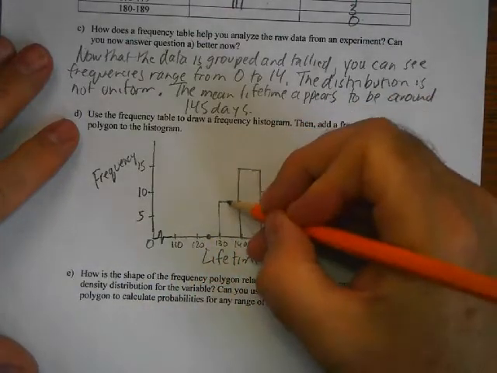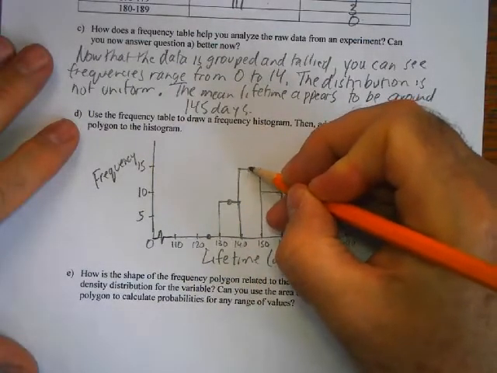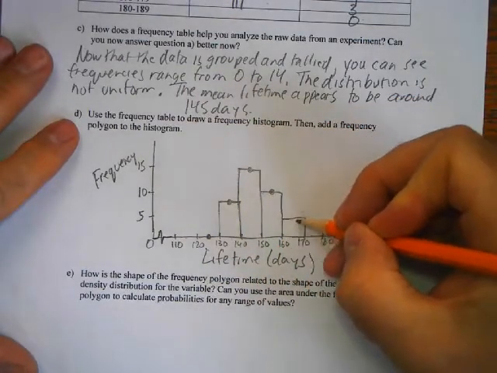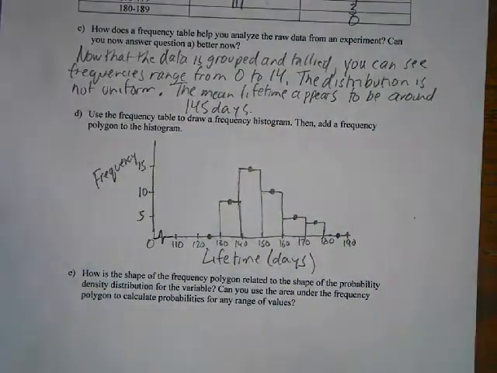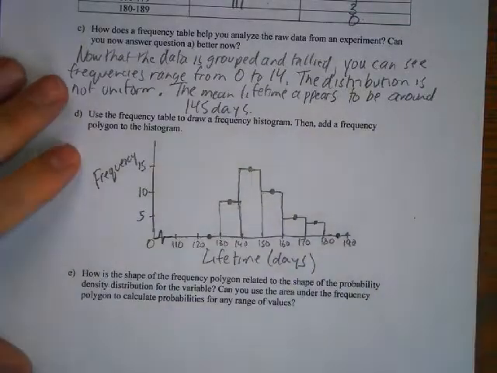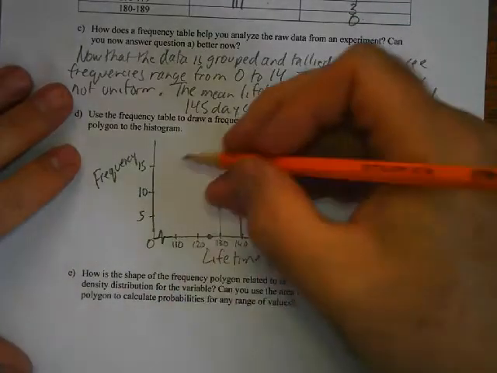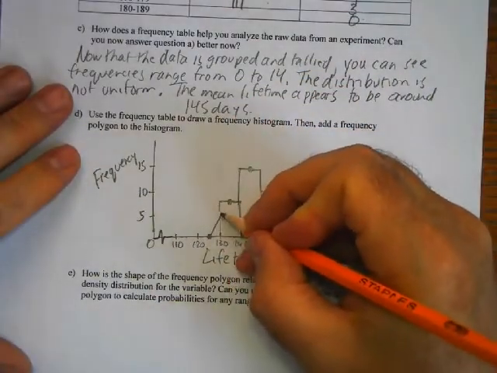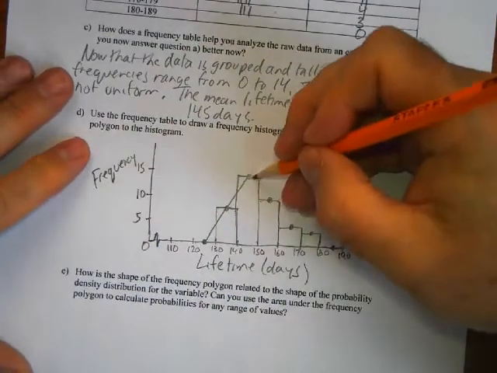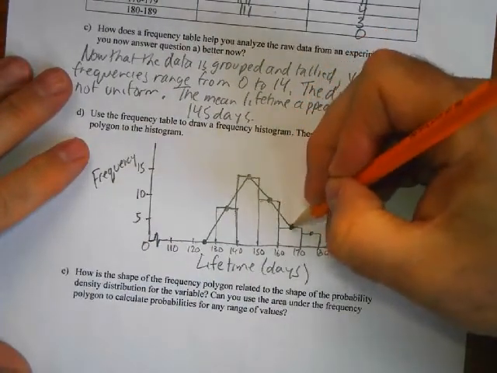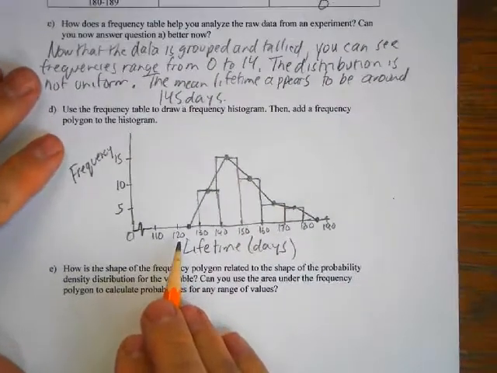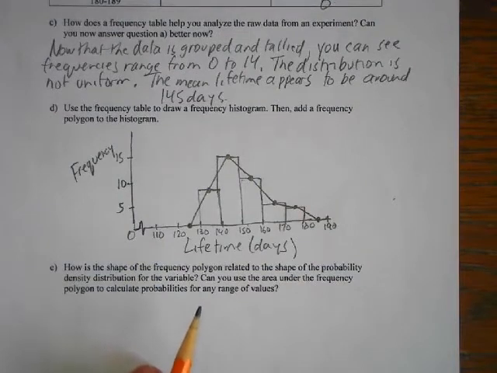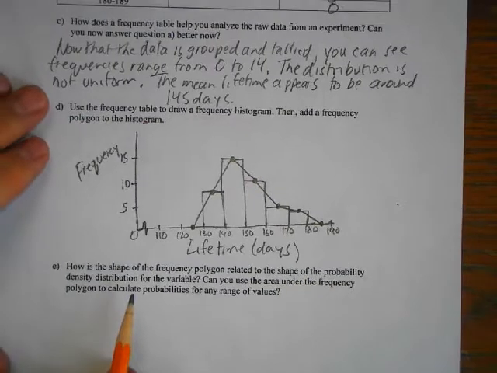And then the rest of them, very simply, the top of the bar right in the middle. Okay, and then the last part of the frequency polygon is connecting the dots. So go here, up to here. And we also connected down to the zeros. Don't forget to do that. Okay, so hopefully that seems familiar from last unit, frequency histogram.